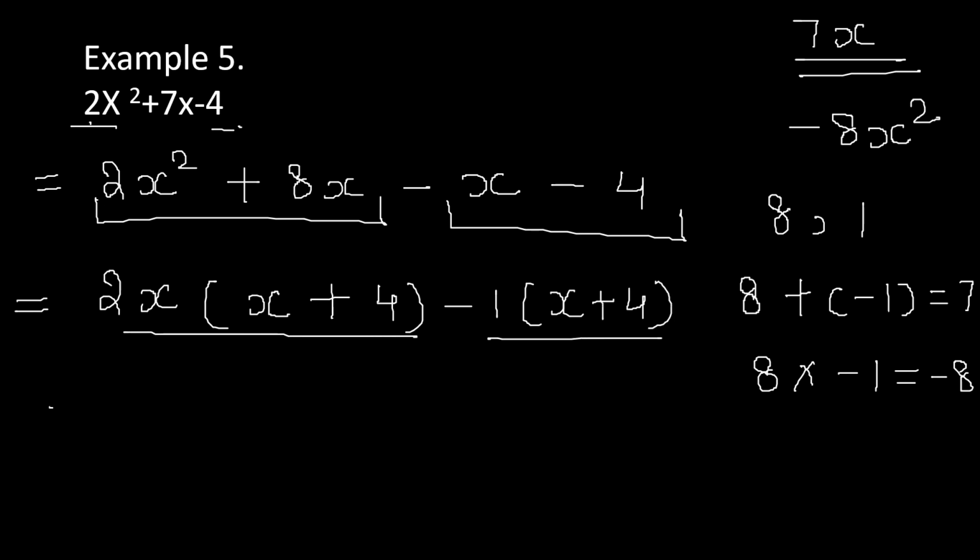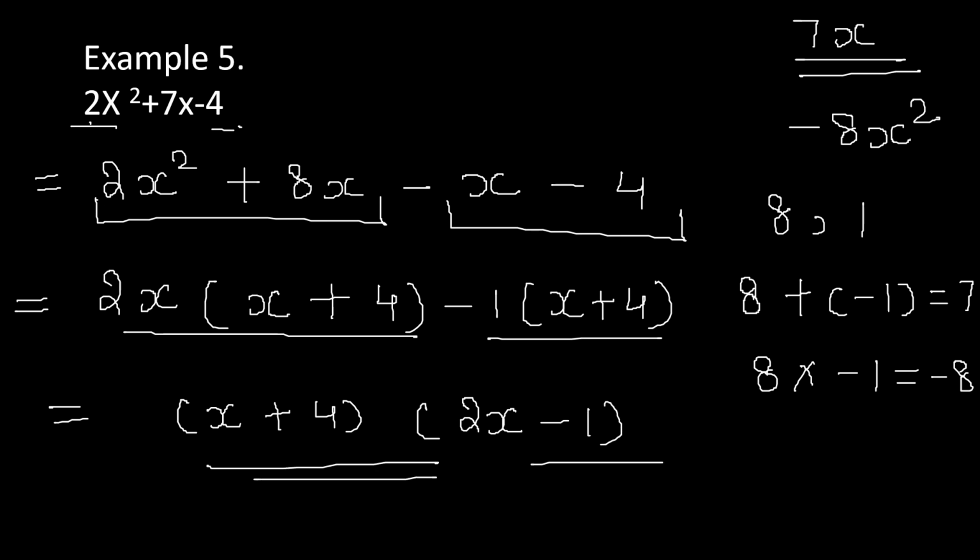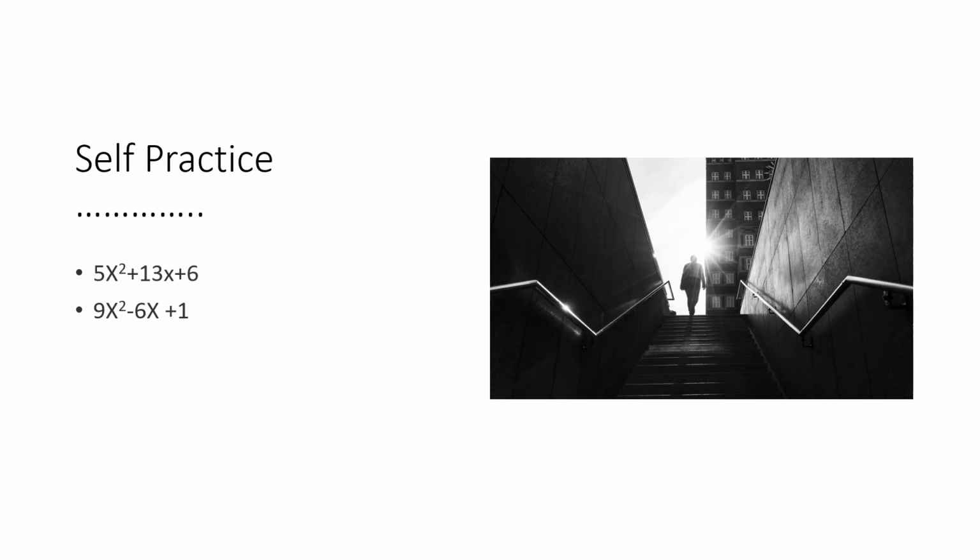Now x plus 4 is common. x plus 4, then 2x minus 1. Hope you understood this topic well. There are two questions for your self-practice. Hope you will try to attempt them after watching this video.